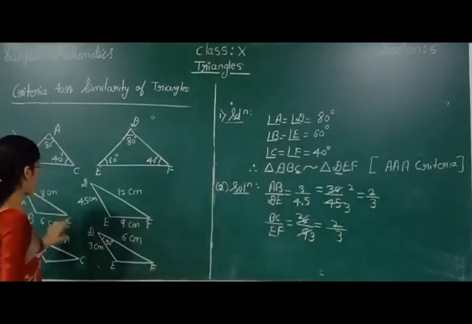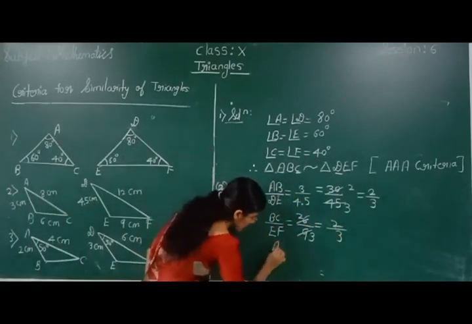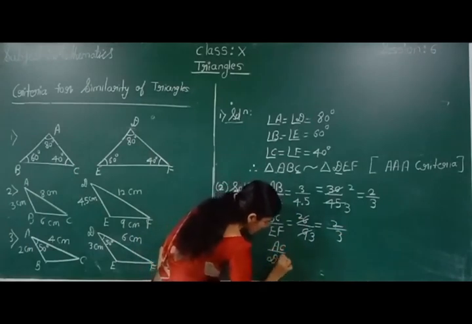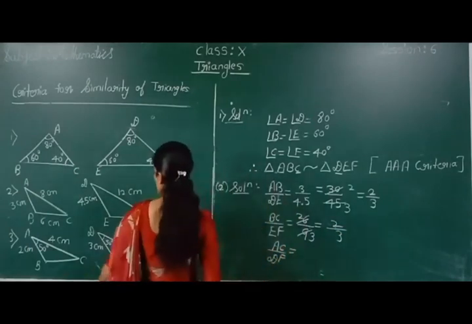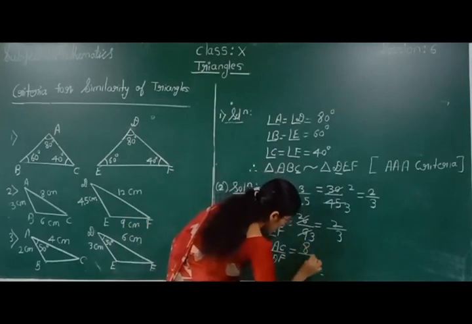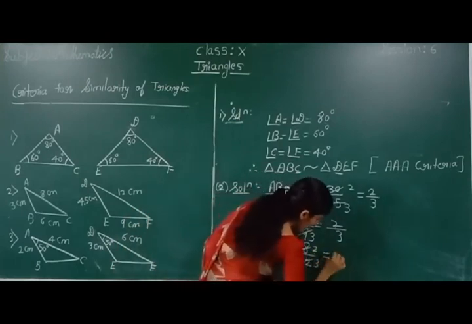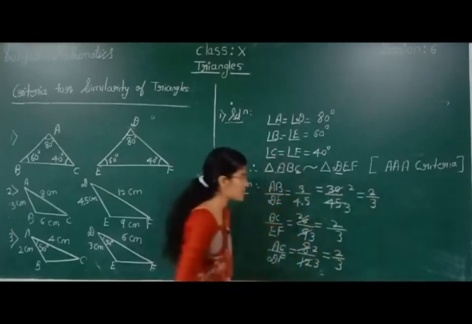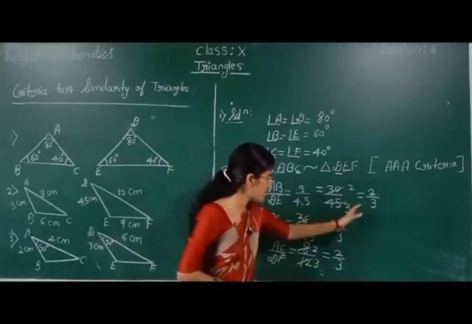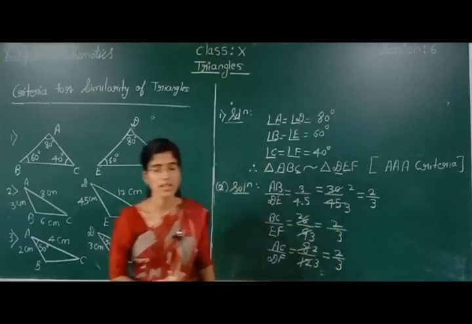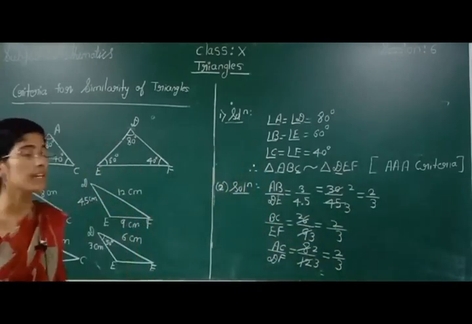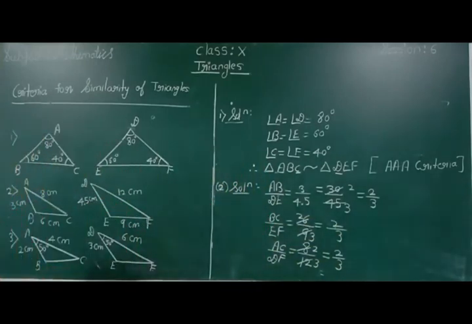Now you see AC by DF. AC is 8 divided by 12. 4 2s are 8, 4 3s are 12. Here we are getting 2 by 3. See, everywhere you are getting 2 by 3, 2 by 3, 2 by 3. Definitely these two triangles are similar.